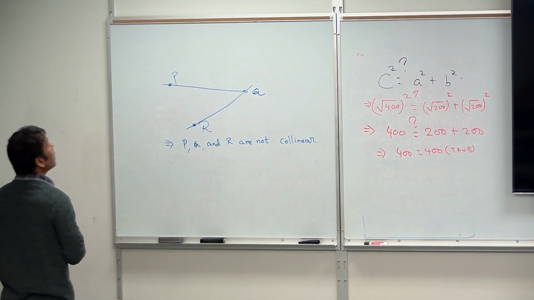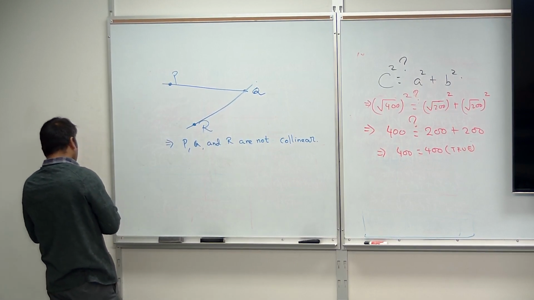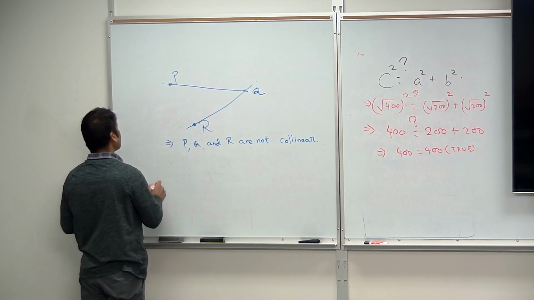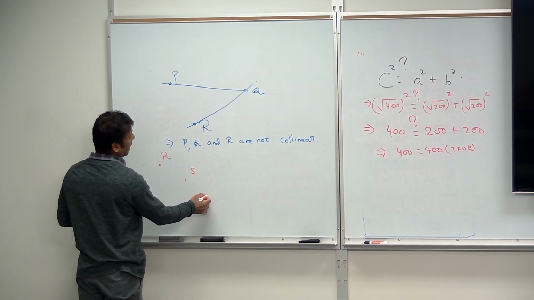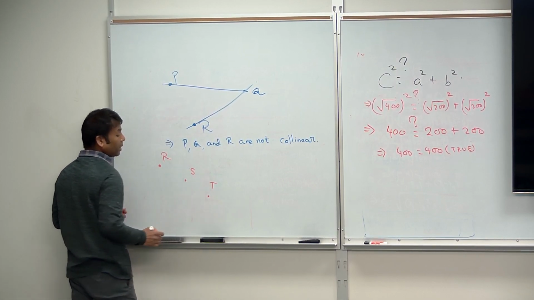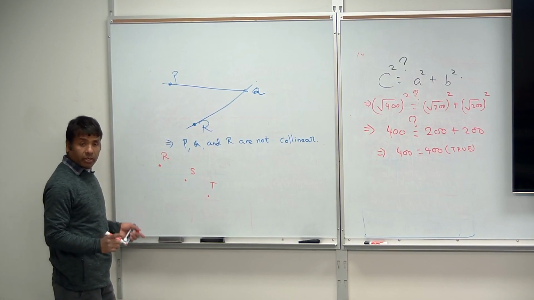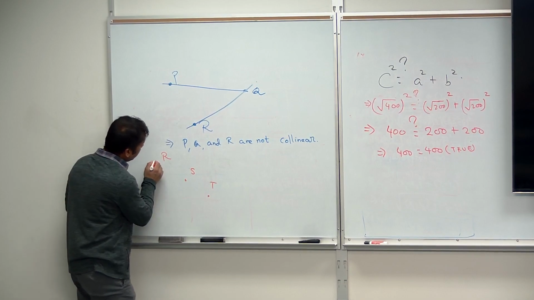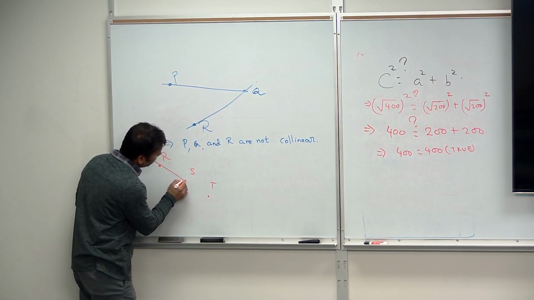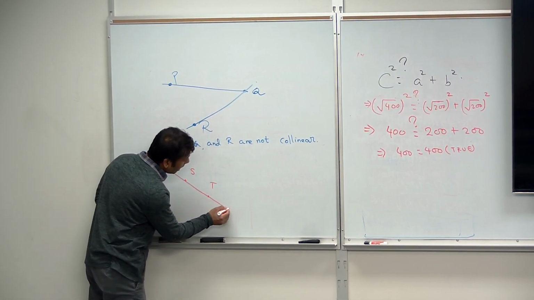Okay. So now, if you have points R, S, and T, you see we have 3 points. Can you draw a straight line passing through these 3 points? Yes, right? So let me draw, okay? I try my best. Yeah, I did it, right?